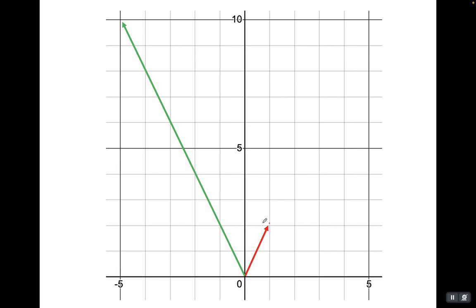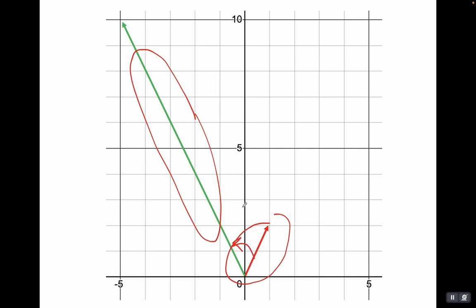Again, here's the original vector, or really that's the point (1, 2), and then here's the transformed vector, (-5, 10). So again, scaling factor is 5. This vector is 5 times as long as the original vector. It makes our point 5 times as far from the origin, and it also rotates it counterclockwise through an angle of 53 degrees. Does that look like 53 degrees? Yeah, I'd say so. That seems reasonable.